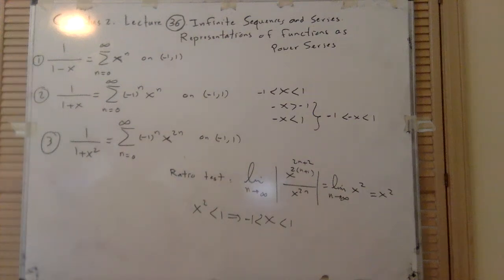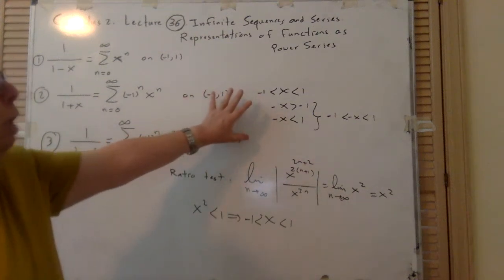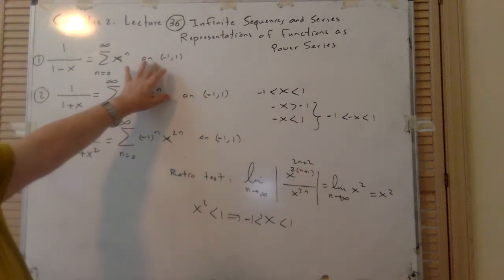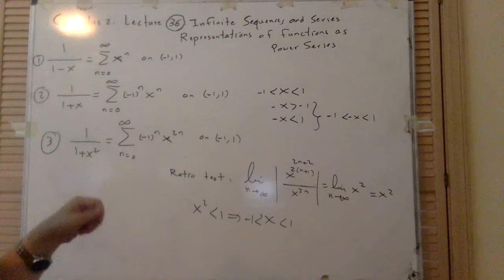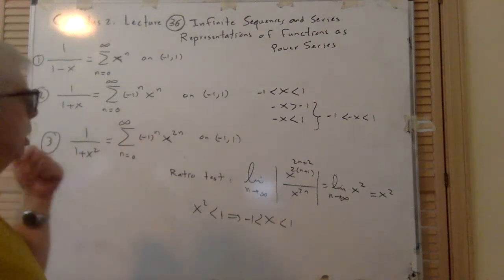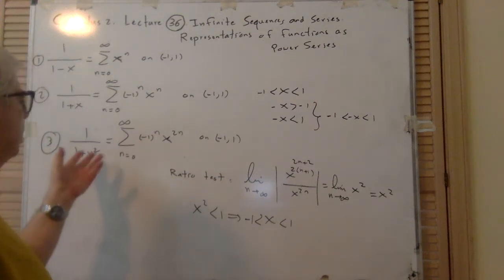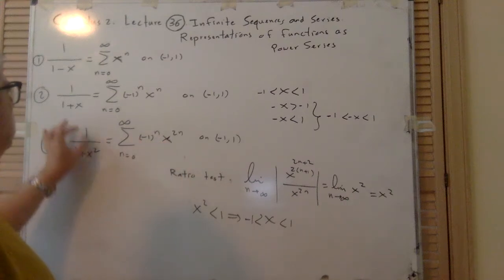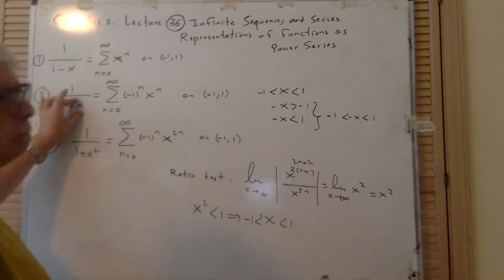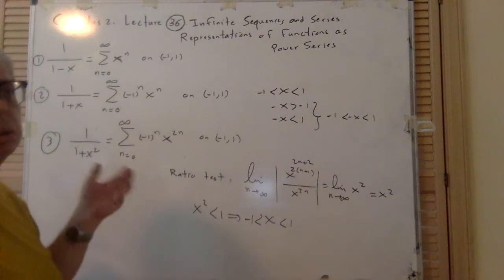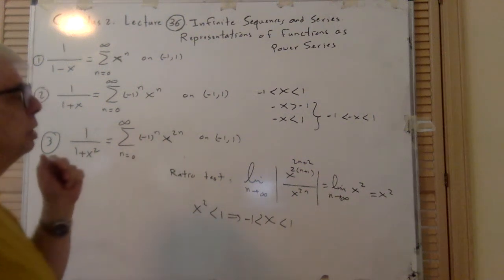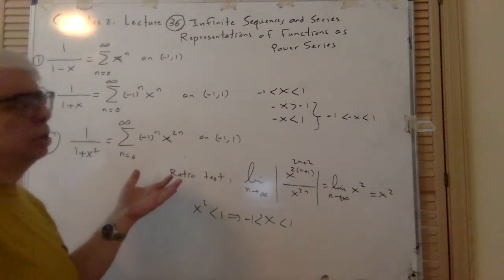So using the ratio test, I did not use the idea that I used to go from here to here. I just said, okay, this looks like this. In fact, not just looks like, because I just plug x squared here. If it applies to x, then it should apply to x squared. Then I said, this is this power series, but what is the interval of convergence?